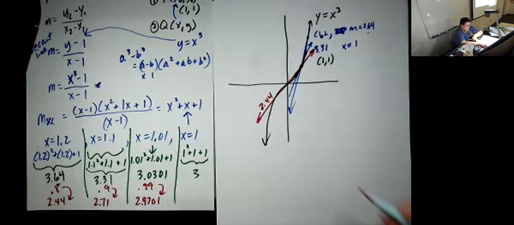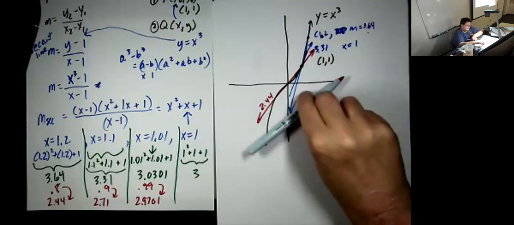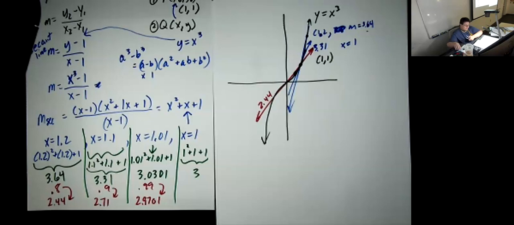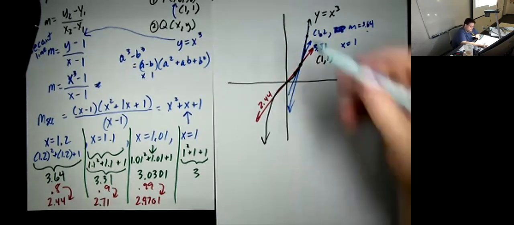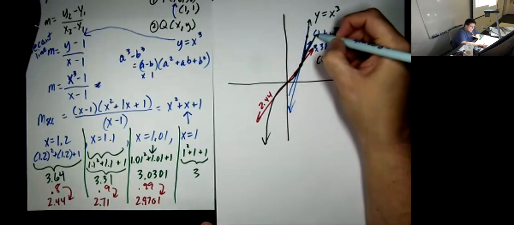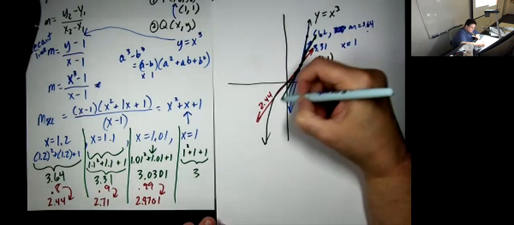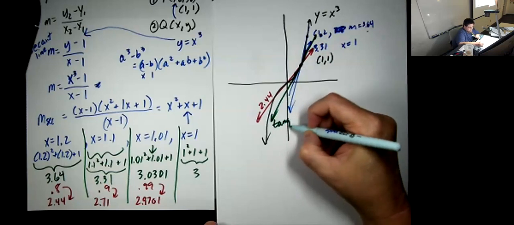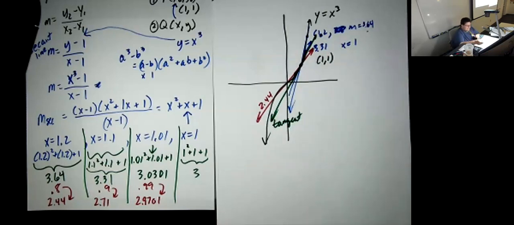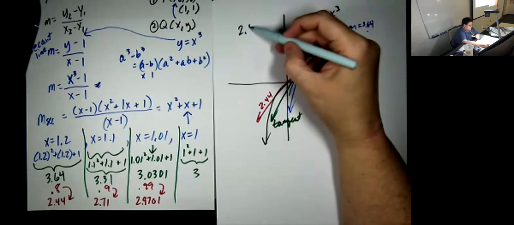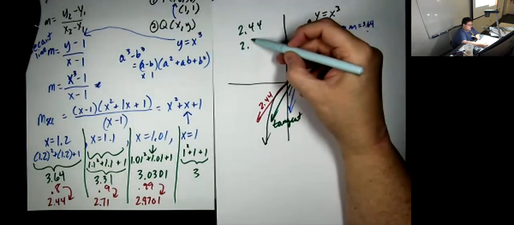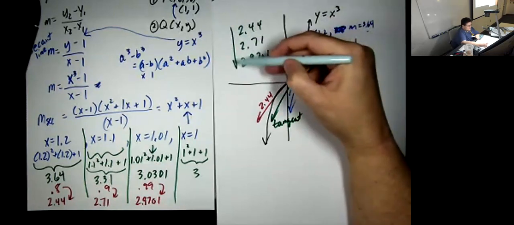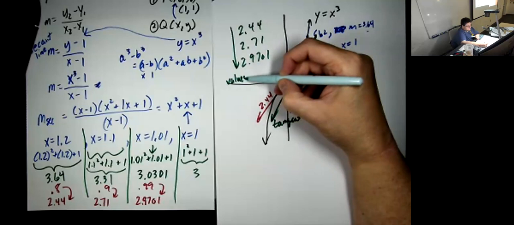And we can see that no matter which way we go, the slope is going to get to that tangent line, which is really hard to draw now that I drew a bunch of other stuff there. Going right there, that's our tangent line. And we can see, coming from the left, 2.44, 2.71, 2.9701. These values approach 3.